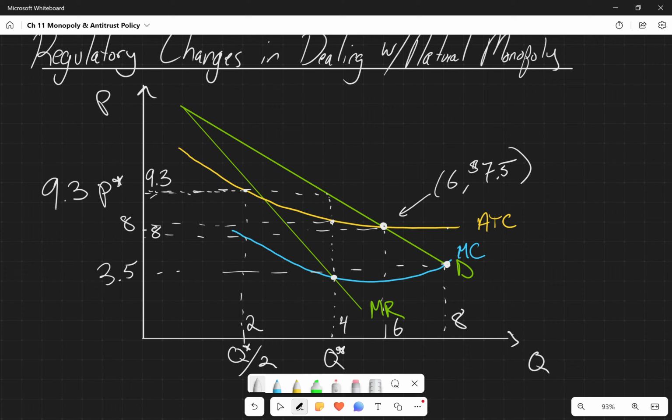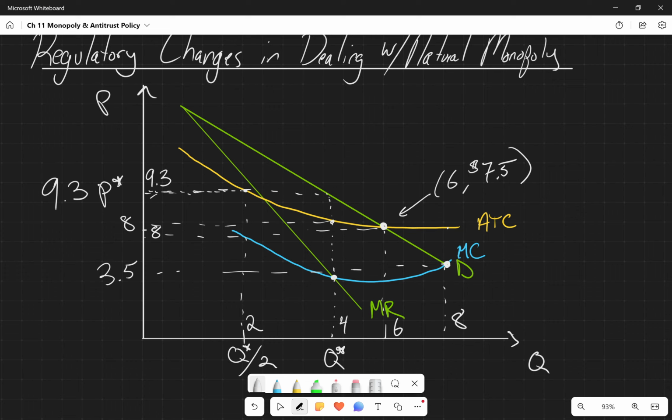And so at this particular junction, we're going to end up with a lower price than we had before when we let the monopolists do their thing. When we let the monopolists do their thing, they charged $9.30, and they were making abnormal economic profits. When we split them up, they were charging $9.30, but then not making any economic profits. If we make them do marginal cost pricing, they're losing $4.50 on every transaction.